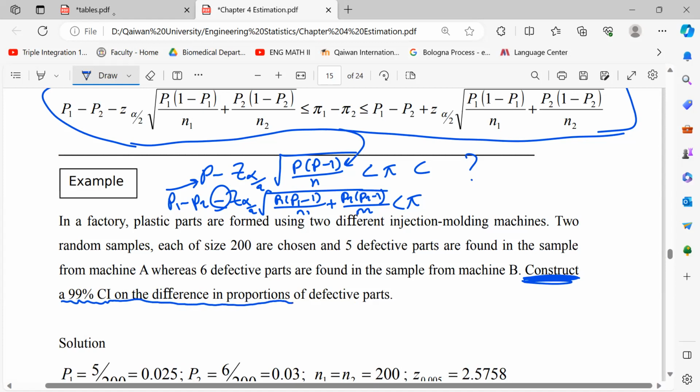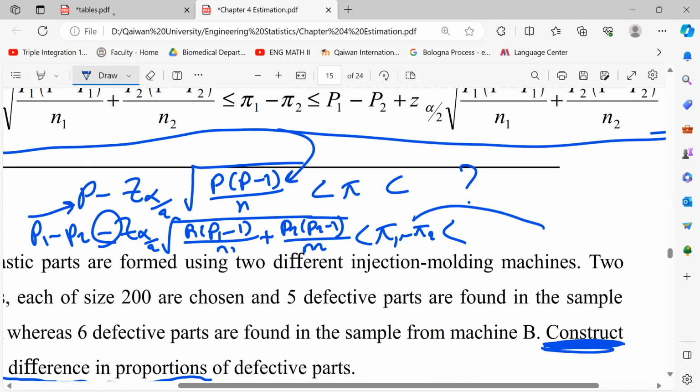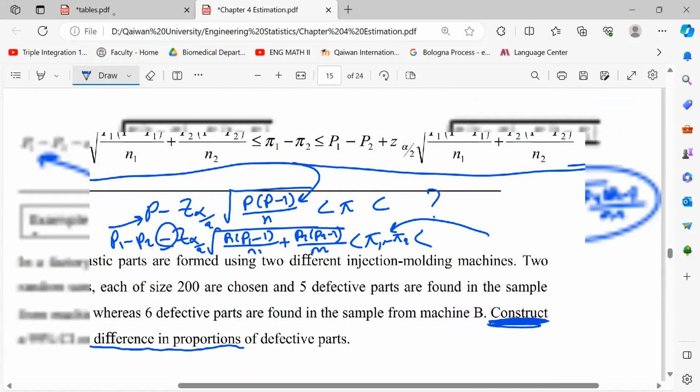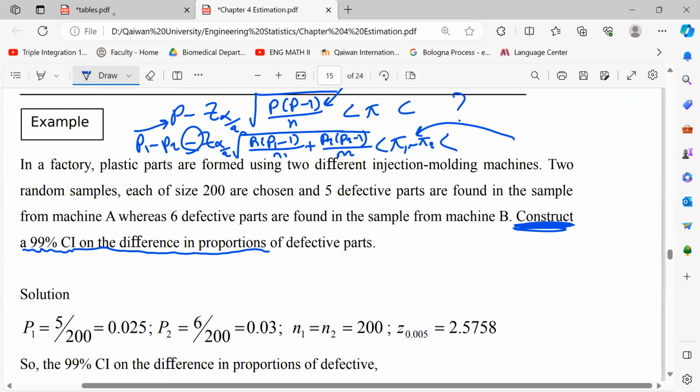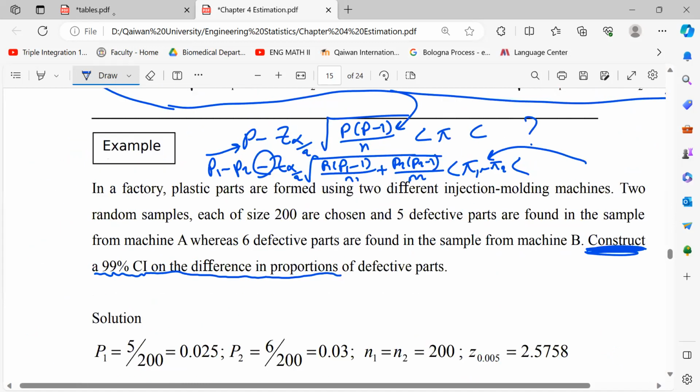So we now have P1 minus P2, and here it becomes pi1 minus pi2. Be careful with this. Here we get pi1 minus pi2 instead of having only pi. In the previous one, we just had pi, but now we have the difference of them. It's pi1 minus pi2, the difference of their proportions. Now we need to find the interval for pi1 minus pi2. What are these?